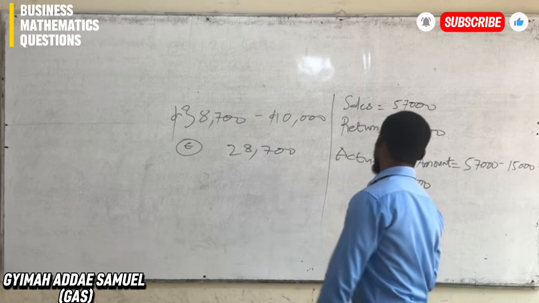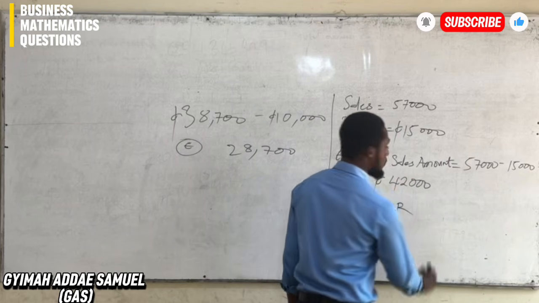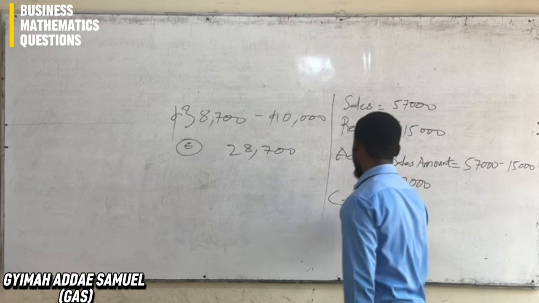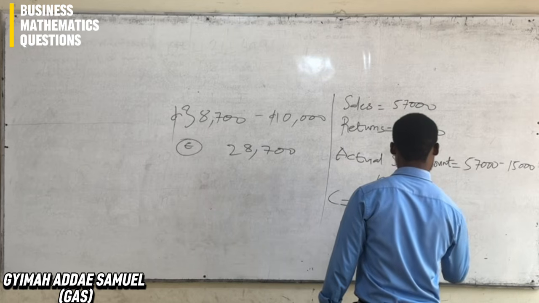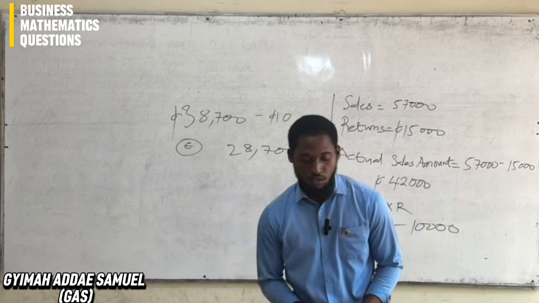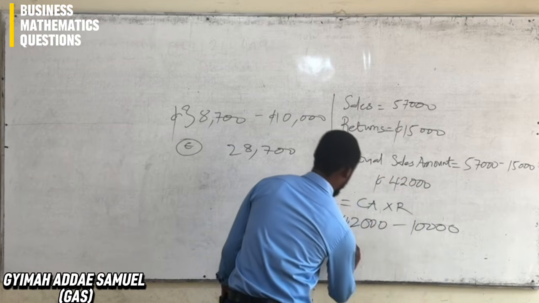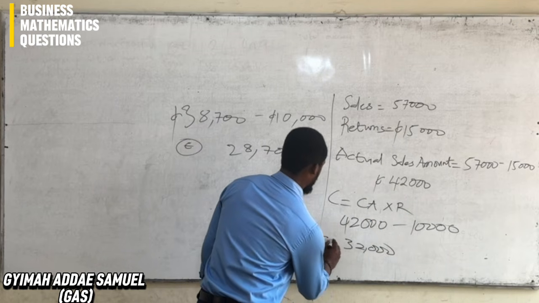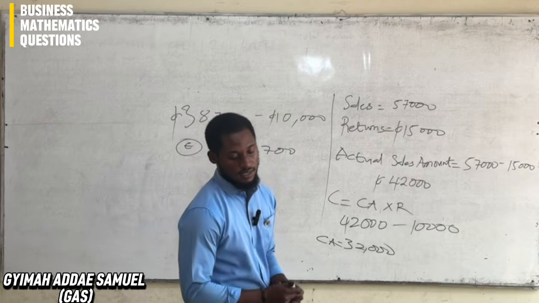And we know that where there is quota, commission is calculated on a commission amount. So the commission amount will be, you subtract the 10,000 from your 42,000 Ghana cedis and you are getting 32,000 Ghana cedis.